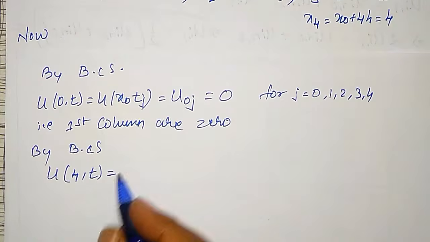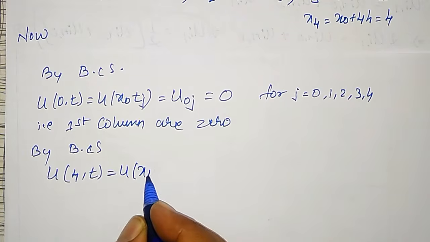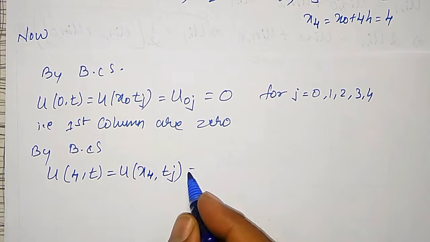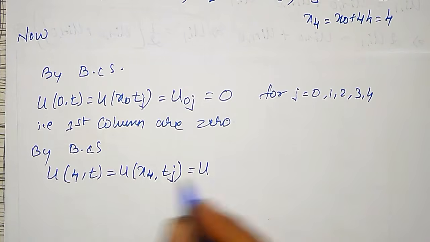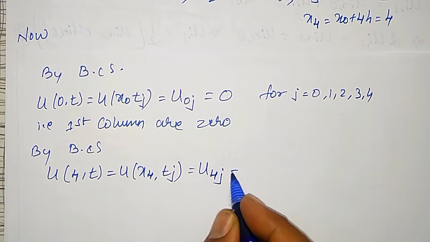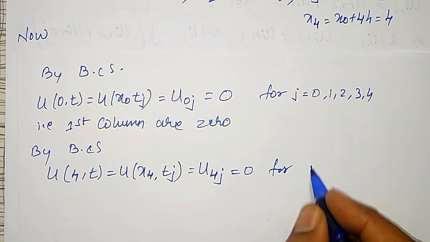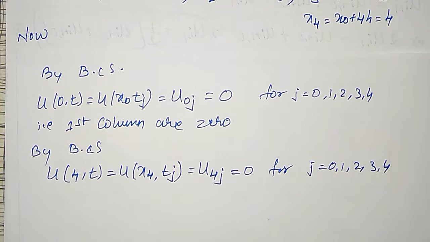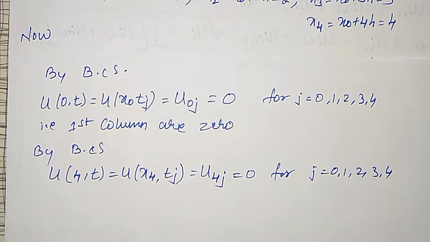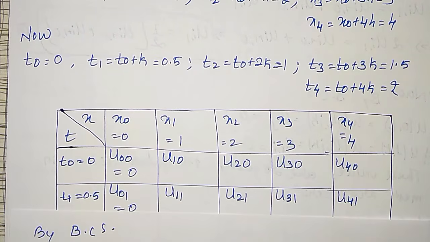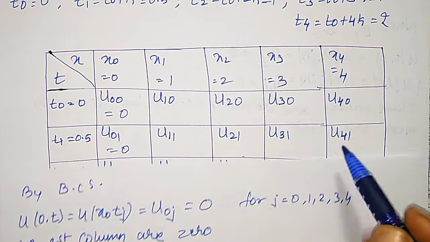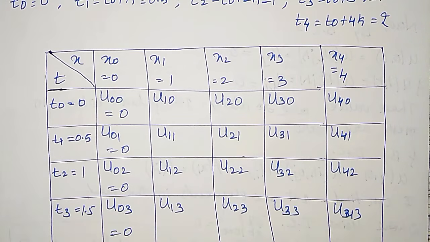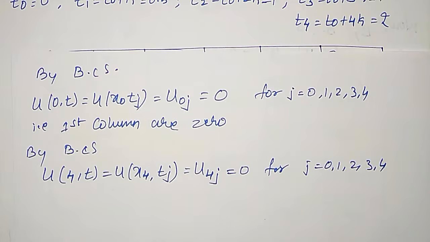Therefore this one I can write as u of x4 comma tj, that is short notation u of 4j equal to 0 for again j equal to 0 1 2 3 and 4. What it shows then, u of 4 comma j, last column, u of 4 0, 4 1, 4 2, 4 3, 4 4, all these values are also 0.